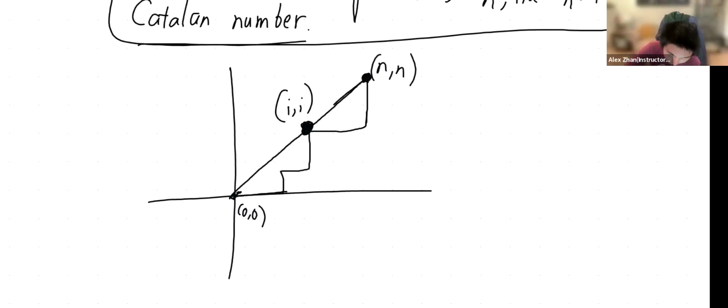So how many ways are there for the path to touch the line for the first time at I? If it touches for the first time at I, that means that in between 0, 0 and the point I, it cannot touch the y equals x line. So what is the number of ways to go from 0, 0 to I without touching the y equals x line?